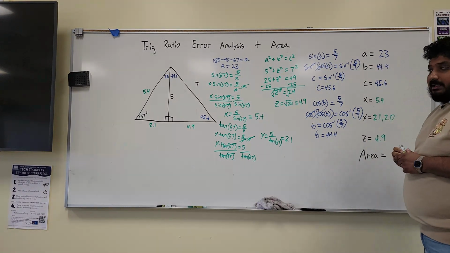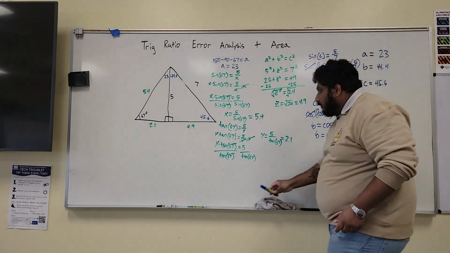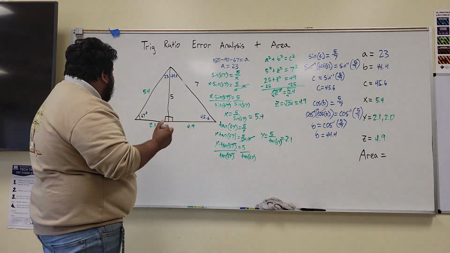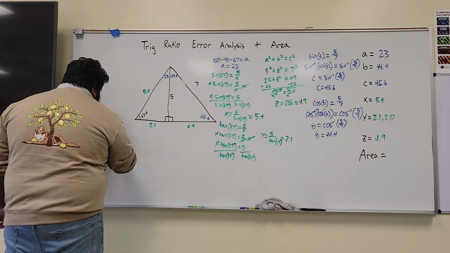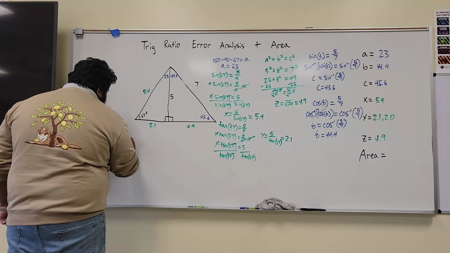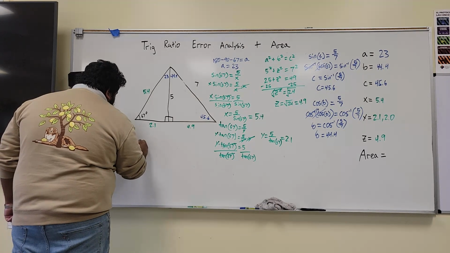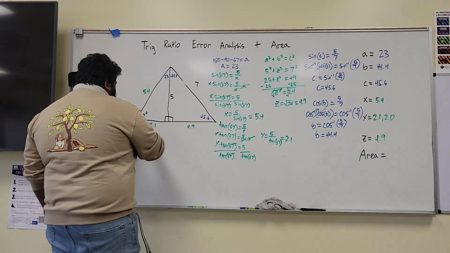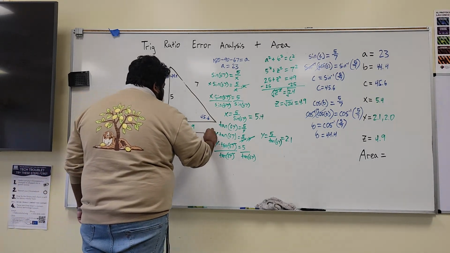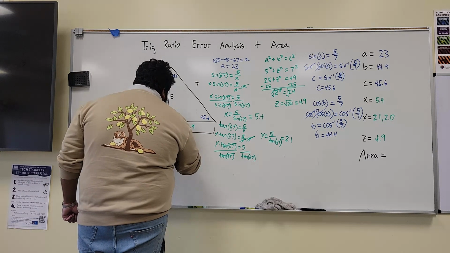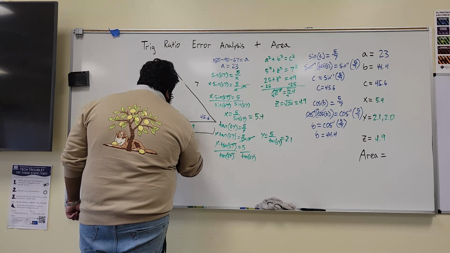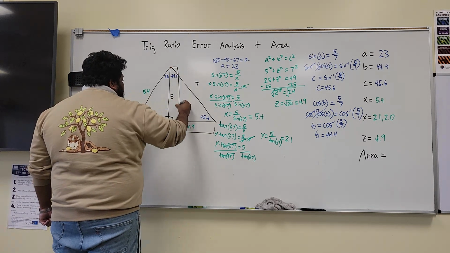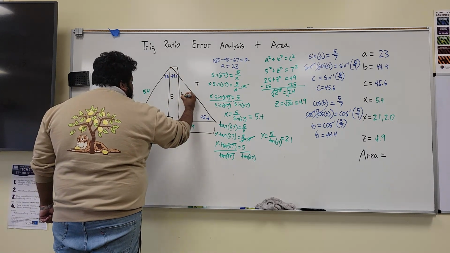Last thing we need to do is now solve for the area. So as a reminder, your area is going to be equal to the base of the triangle times the height of the triangle divided by 2. So this whole value here is our base, and this value here is our height.